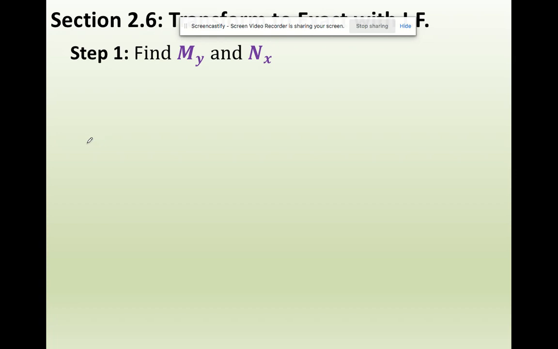So organizing our steps, step one is you need to find the mixed partials. M is already a differential in terms of x, N is already a differential in terms of y. Take the partials with respect to y and x.